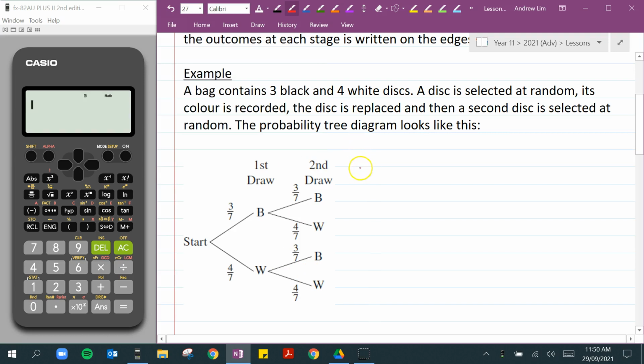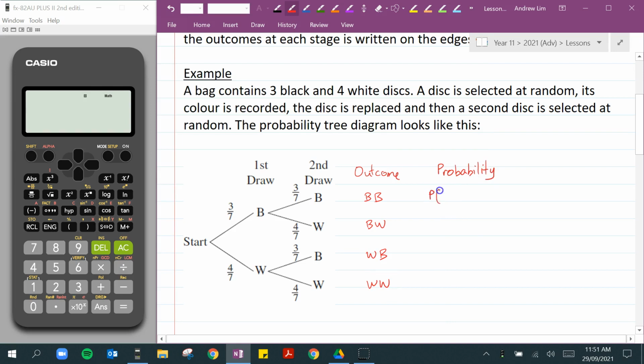Usually we would complete this by writing the outcome. So we could get a black and then a black, a black and then a white, a white and then a black, and a white and then a white.